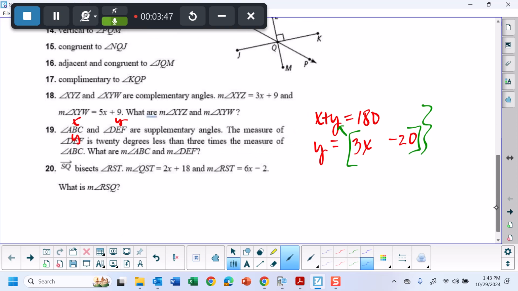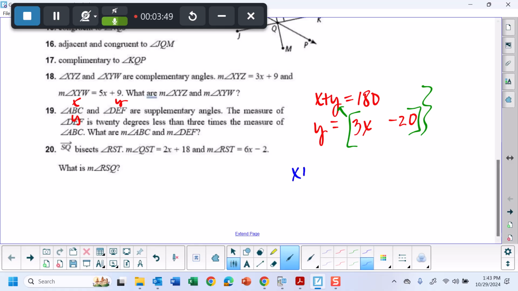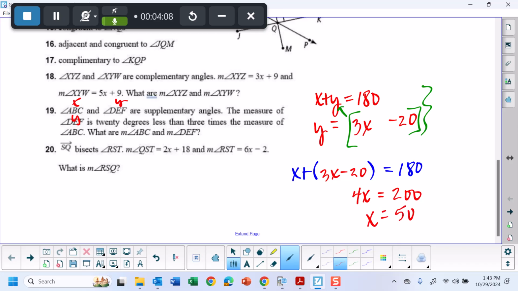So your new equation is X plus Y equal to 180, and I'm going to write 3x minus 20 in for Y. That gives me 4x equal to 200 because I added 20 to each side. So I get x has a value of 50.